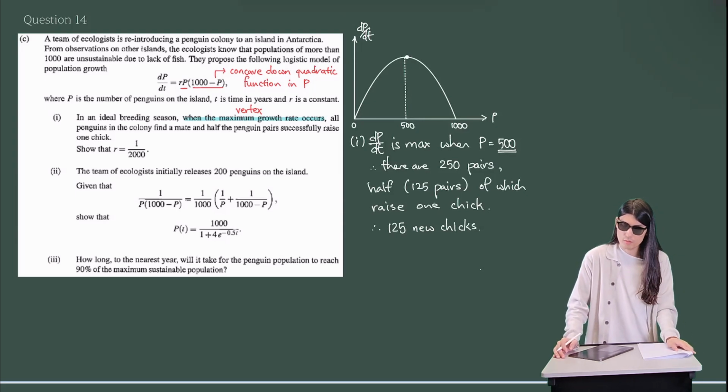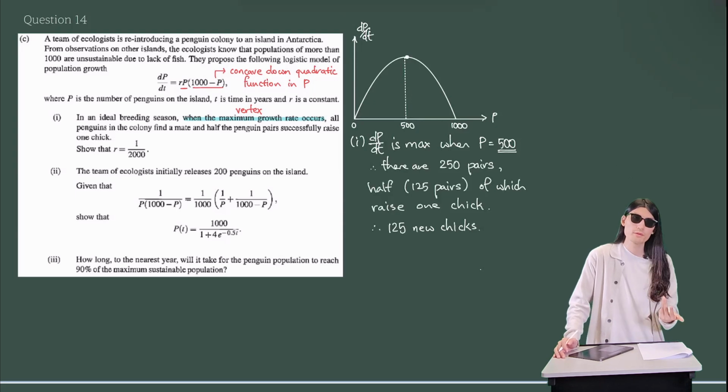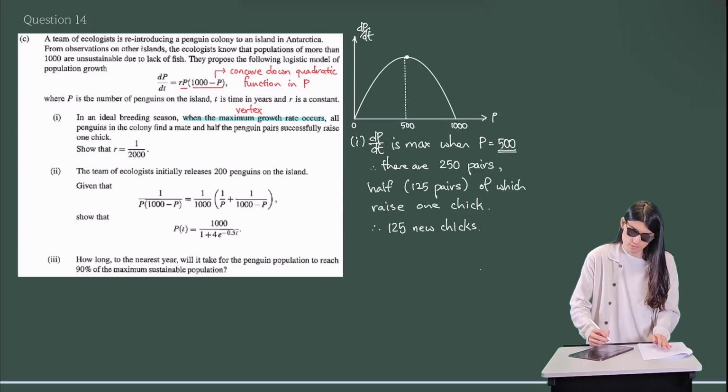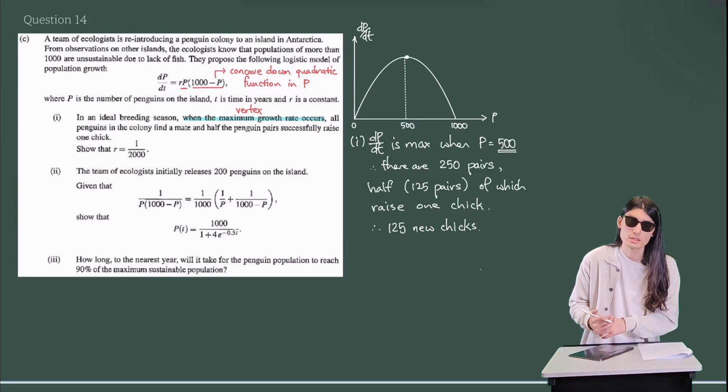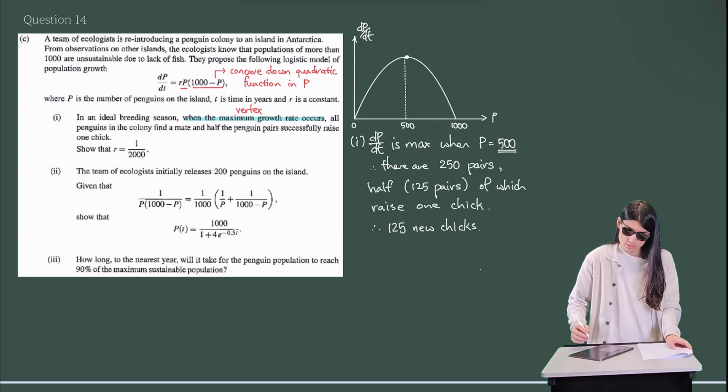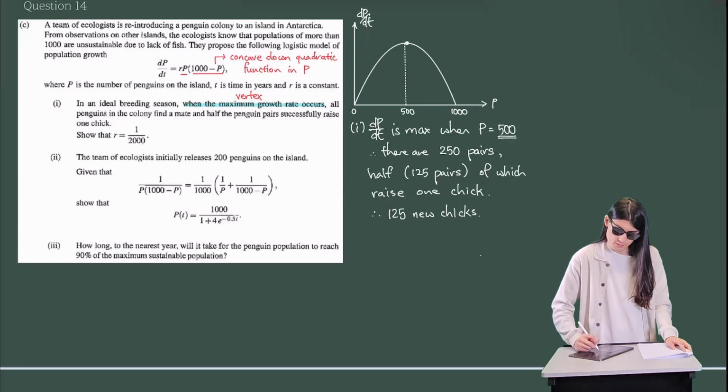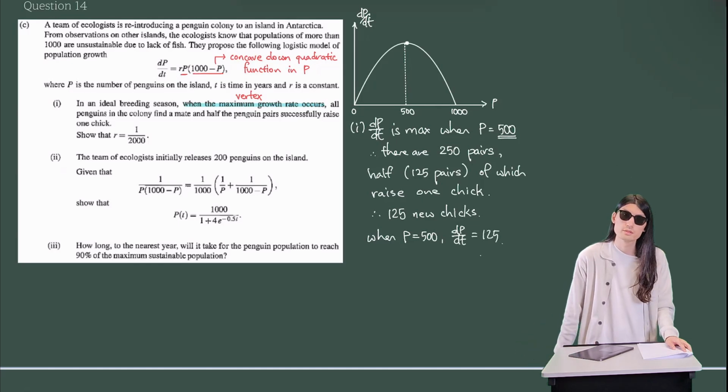Okay, and what that also means is that if there are 125 new chicks being born, the penguin population grows by 125 penguins, doesn't it? In other words, this maximum rate of growth of the population of penguins is 125. Okay? So therefore, when P is 500, dP/dt is then 125.